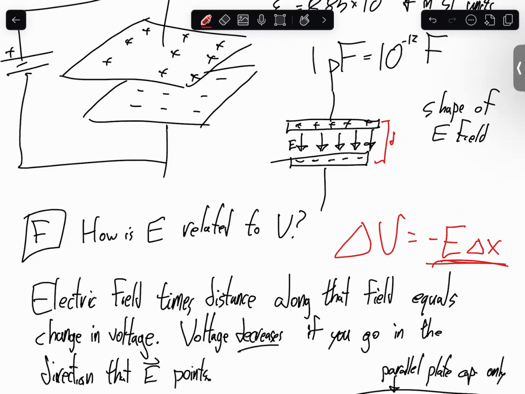The change in voltage as I walk along an electric field line in the direction of the field vector is that field vector's magnitude times the distance I move. And if I move in the same direction that E points, I lose voltage. If E and delta X are in opposite directions, if I walk upstream, against the direction of the force on a positive particle, that gives me a positive change in voltage.